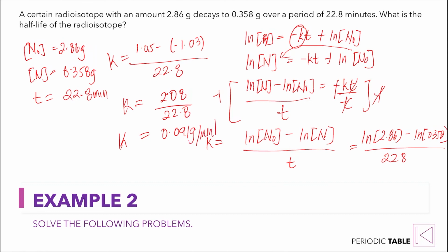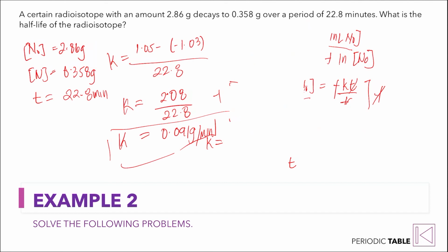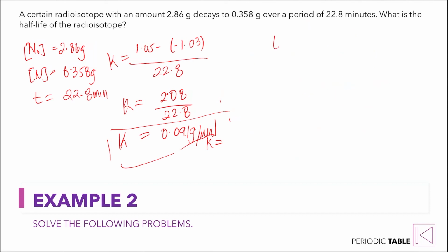So ito yung rate ng ating equation. Pero hindi pa tayo tapos. Ang hinahanap sa atin is yung half-life. So paano natin isosolve yung half-life using the K? So T1/2 is equal to ln 2 over K. So ln 2 is 0.693. Yung K natin is 0.091.